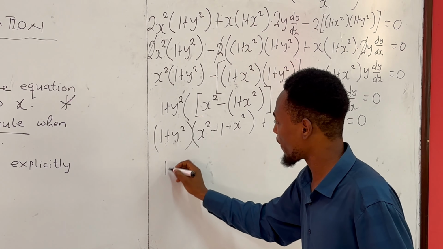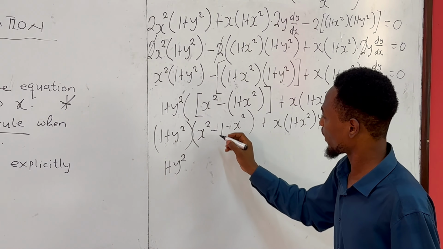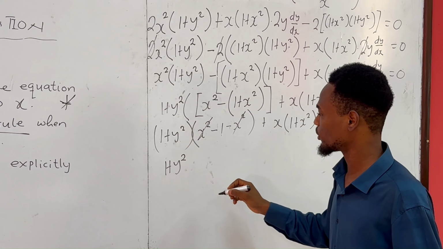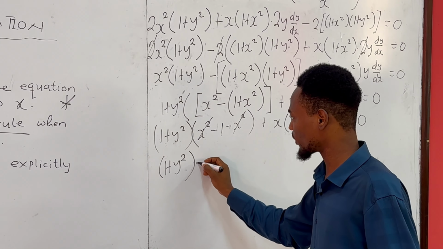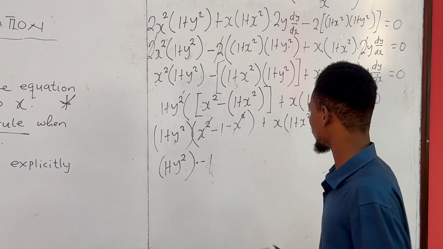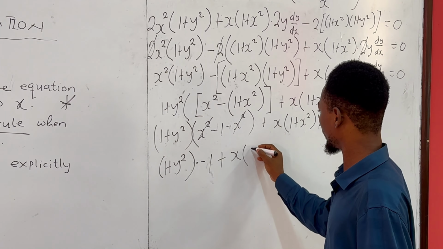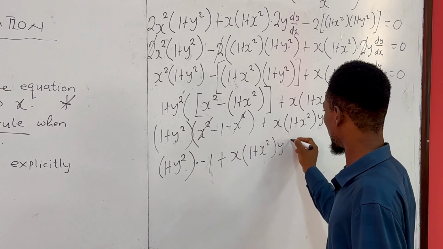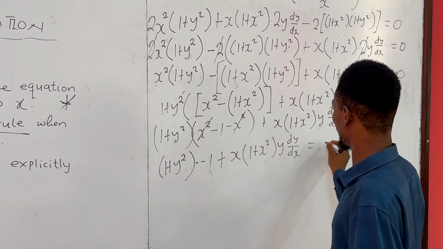So I have 1 plus y squared. Now we know that positive x squared cancels negative x squared. So I have this multiplying negative 1. Then plus x into bracket expression 1 plus x squared times y dy over dx, giving me 0.